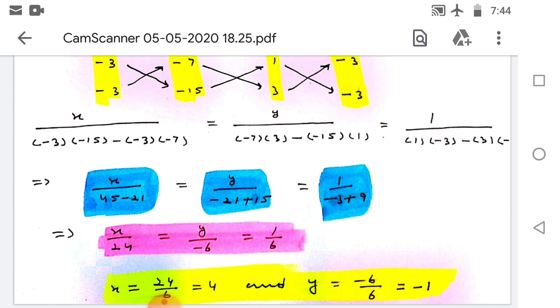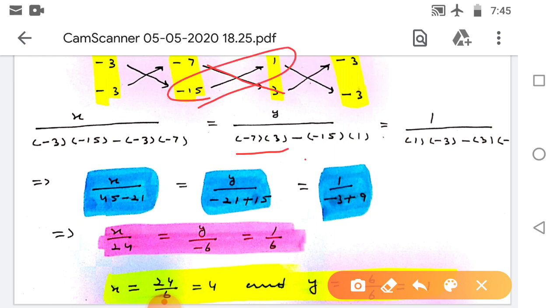Come to next. Minus 7 into 3. Minus 15 into 1. Look at here. Right? Now last, 1 upon 1 into minus 3, minus 3 into minus 3.